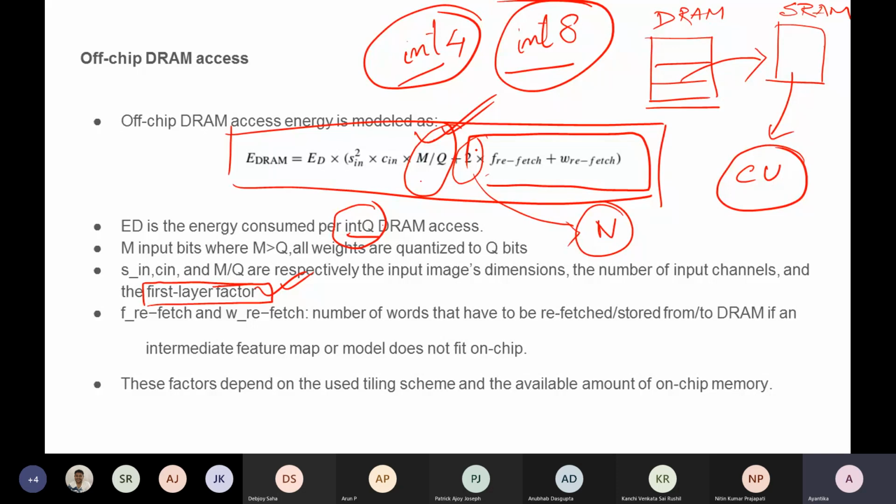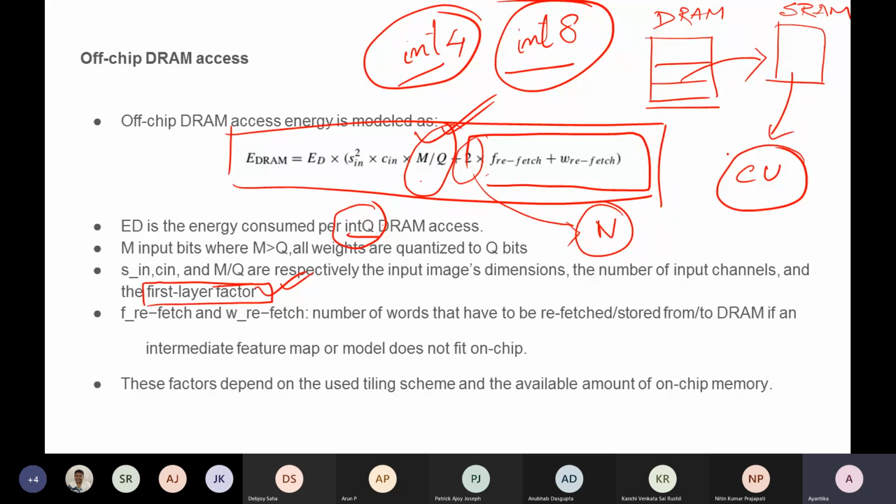So these are the two things I wanted to clear. For the rest of the parts, I think it is clear why we consider this refetch, reading and writing, fetching and storing time for intermediate feature maps.